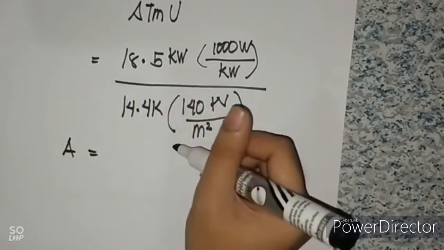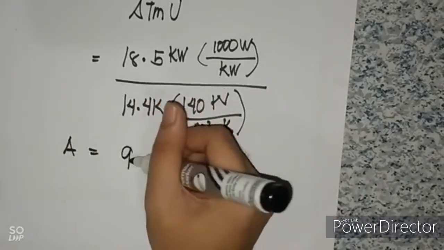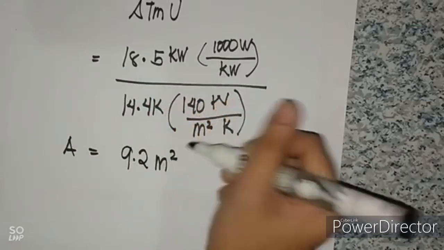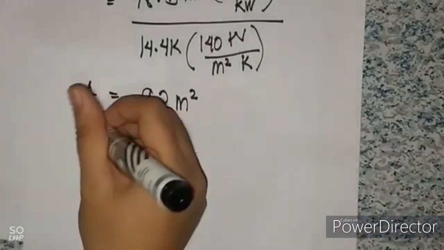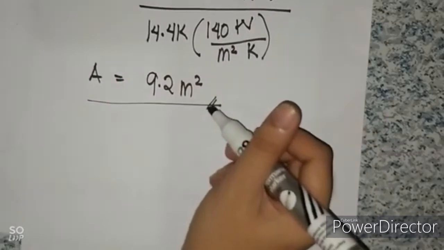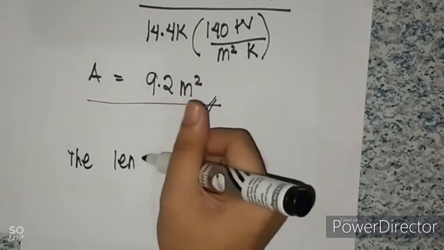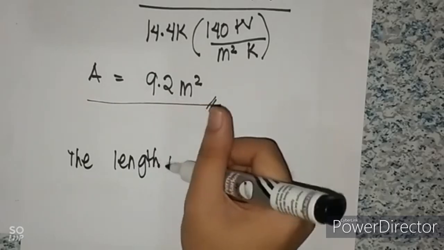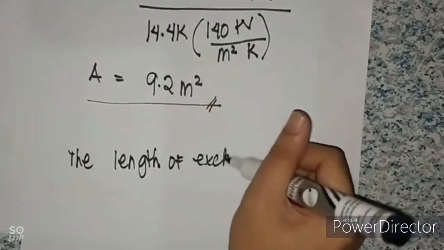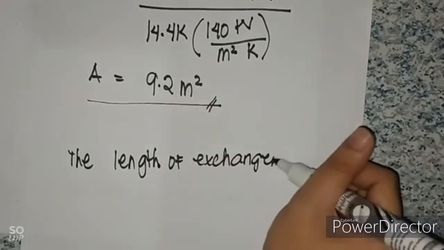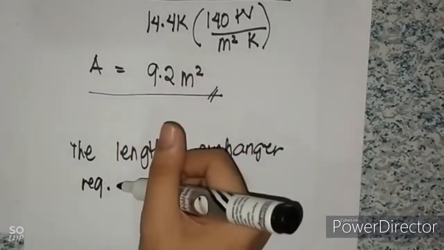If we calculate this, the area we get is 9.2 meters squared. And that's it, we have now solved the problem. The area of the crystallizer required is 9.2 meters squared.